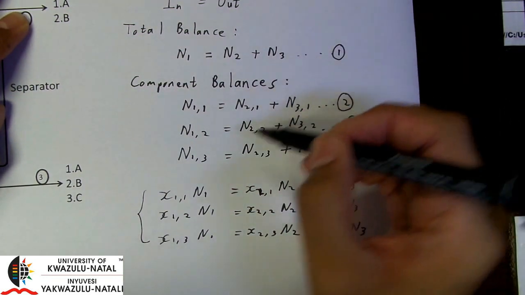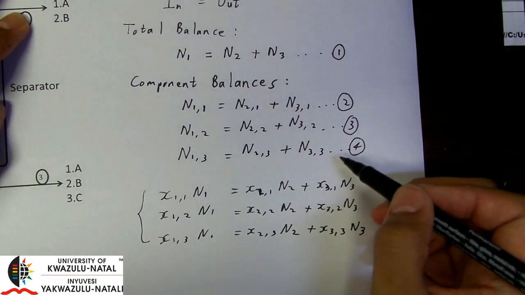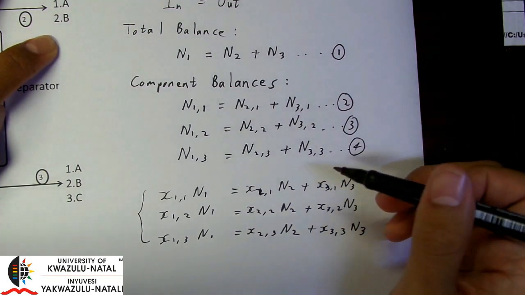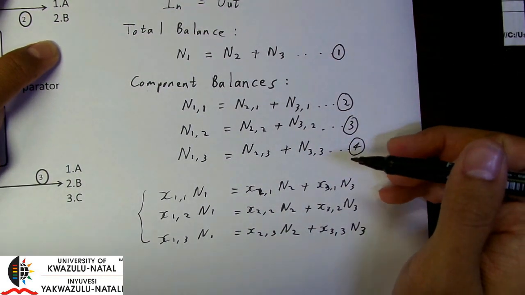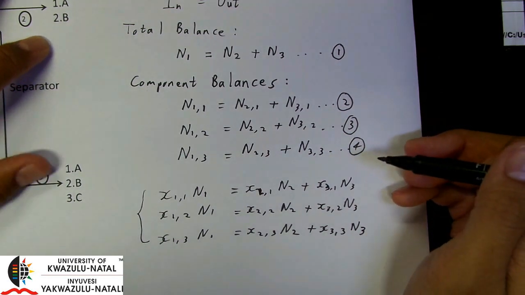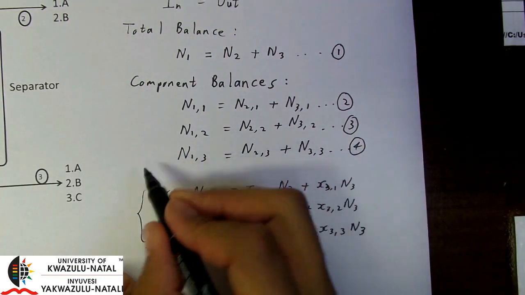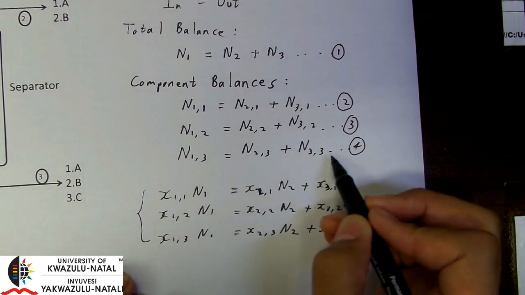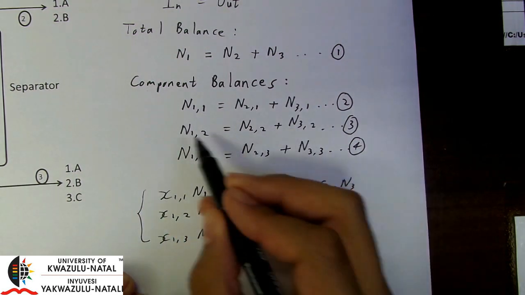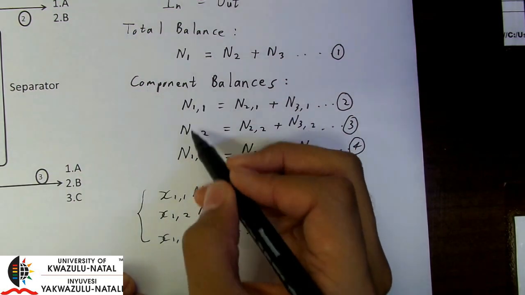Not every balance equation is necessary in order to perform the computation and get all of our flow rates and all of our compositions. Okay, and this is for the simple reason that I can re-express these terms as a function of the other terms.